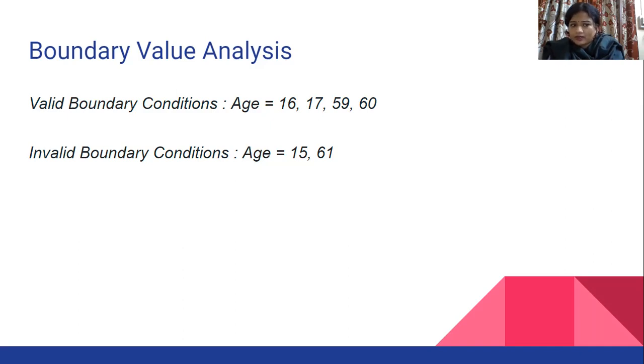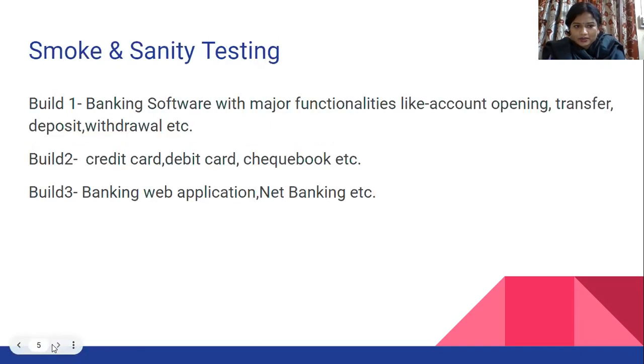So my boundary conditions will be 16, 17, 59, 60, and my invalid boundary conditions will be 15 and 61, as I mentioned. So that was all about boundary value analysis. By testing at those points only, I get the major test coverage.